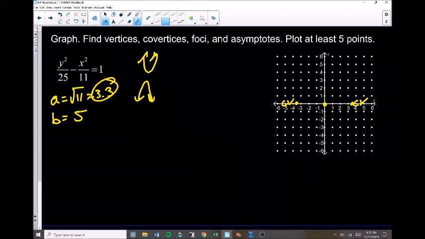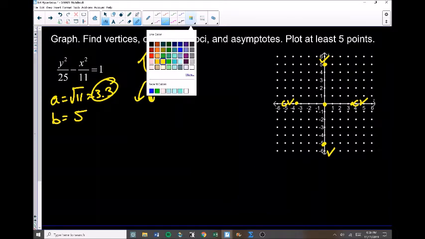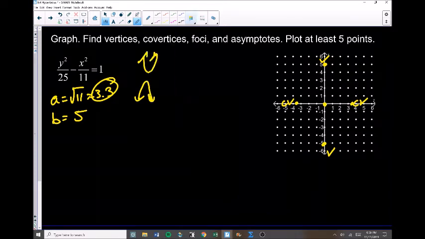The vertices are up and down 5. So there's a vertex here and a vertex here. That will actually be on the graph itself. Now, something pretty simple and interesting happens here. I'm going to create a box that contains the vertices and the co-vertices.